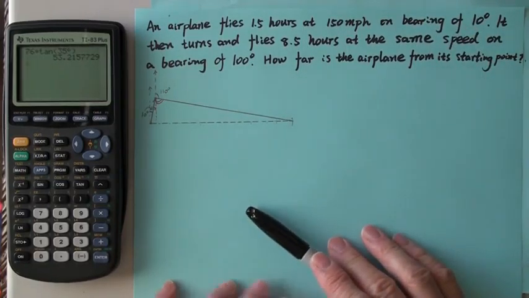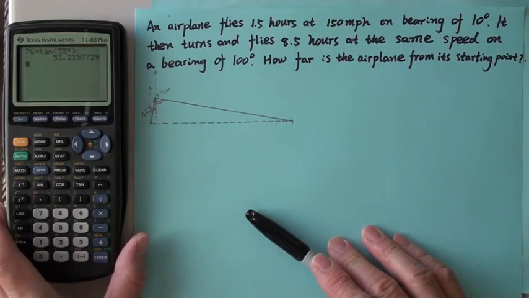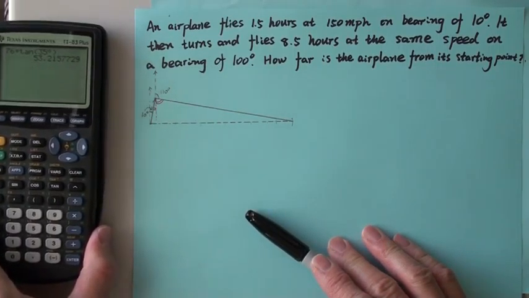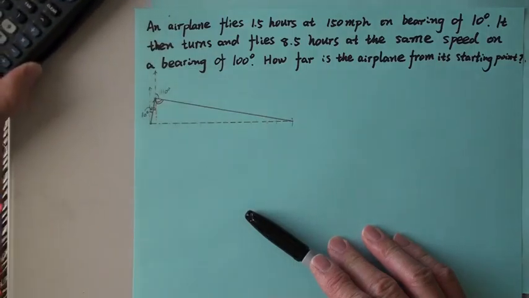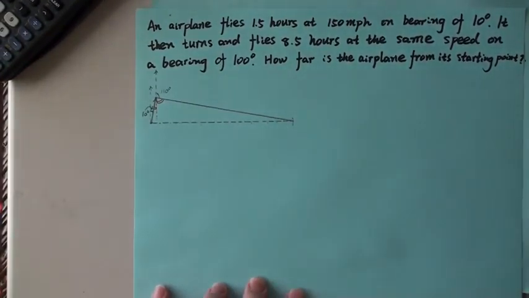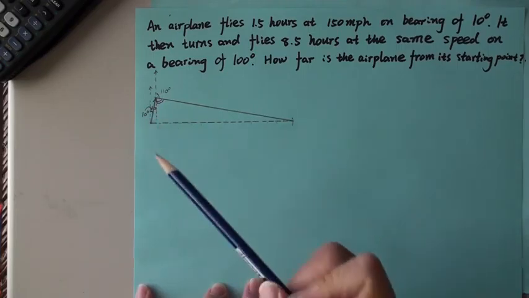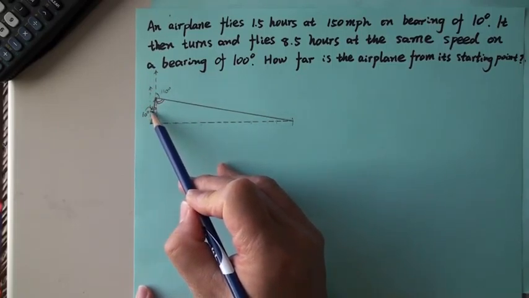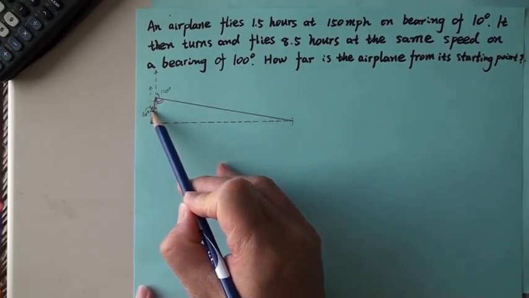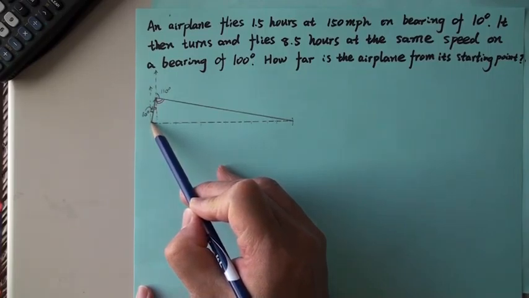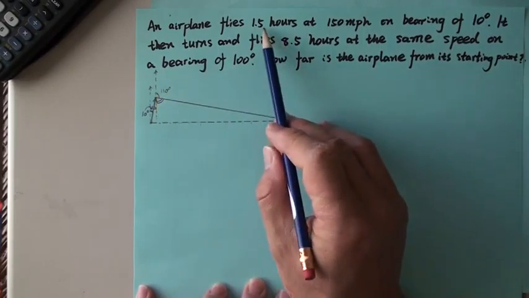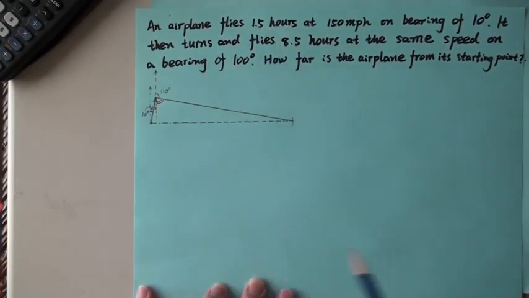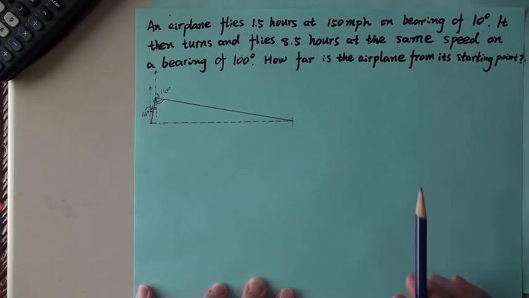So basically, let me move this one a little bit away. And then you can see down here, this is from the point and then to the north, pointing to the north. So this one is 10 degrees. So the airplane at the beginning goes in this way, for 1.5 hours.